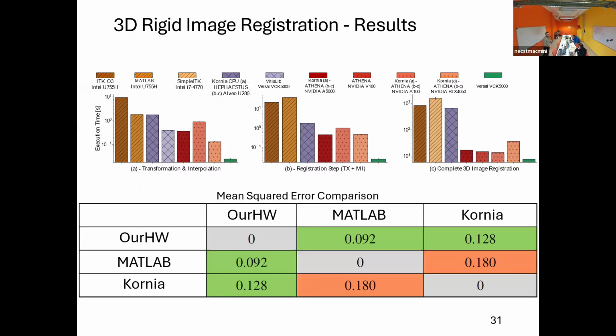Looking at the preliminary results, for the transformation step, we are almost 40 times faster than existing GPUs and FPGAs and even software solutions. And these performances are the same also considering the registration step, as the transformation itself is a bottleneck.